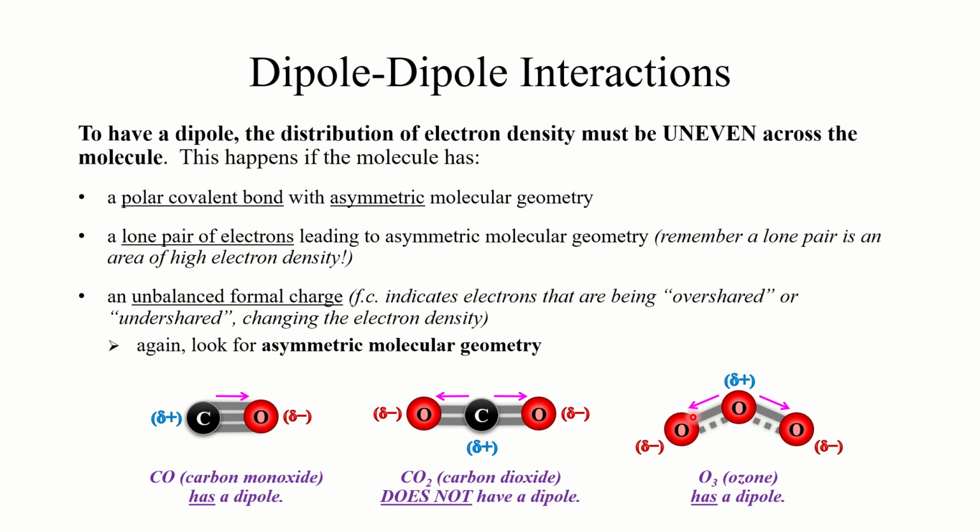We've got a bent geometry because of the lone pair on the central atom, and we are going to have an unbalanced formal charge. If you break down what the initial Lewis structure looks like for ozone, it shows you an unbalanced formal charge. We get these kind of weird half bonds when we touched on resonance forms. So ozone, because of its asymmetry, does actually have a small dipole, and so it is considered to be a polar molecule that would have dipole-dipole interactions.